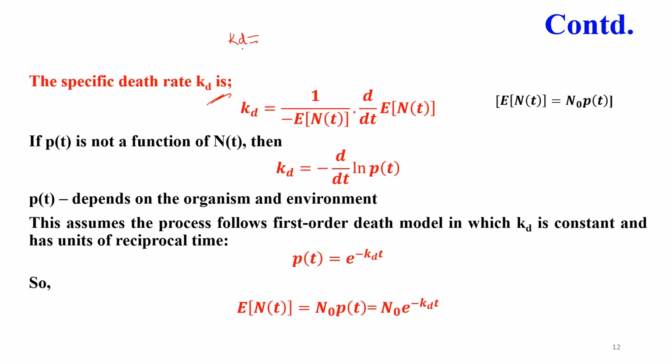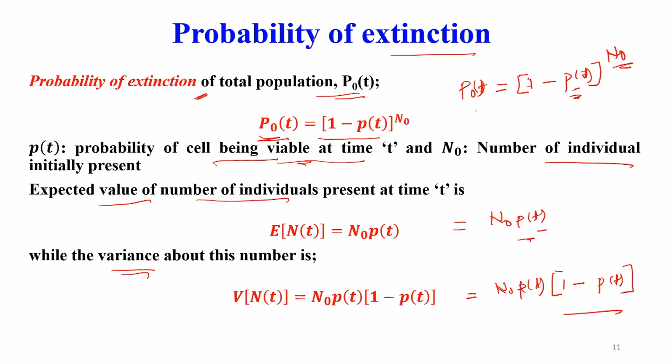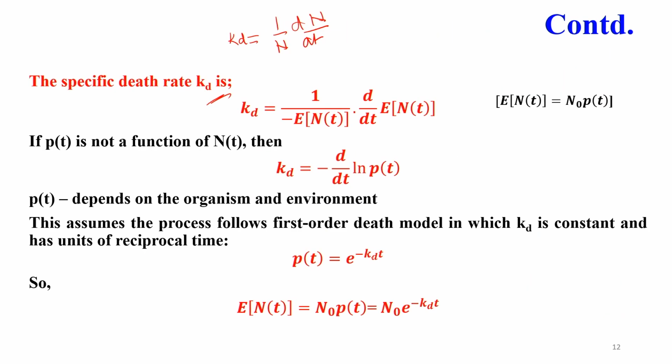If you remember, how did we write Kd in terms of total number of cells? That was 1 upon n dn upon dt. And the expected number of cells here is n naught pt.